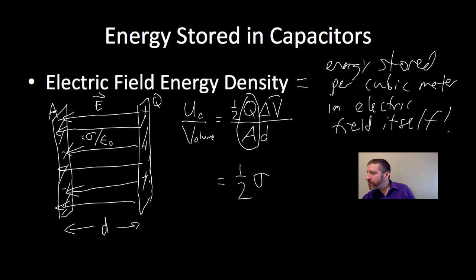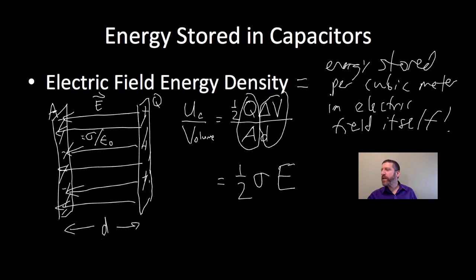And what is delta V over D? Delta V over D, because delta V is negative Ed, and we don't have to use negatives now because, beautifully, with capacitors all you need is the magnitudes. This is just the electric field in there. So 1/2 sigma times E, the E field, and then I'm just going to use one more relationship here.